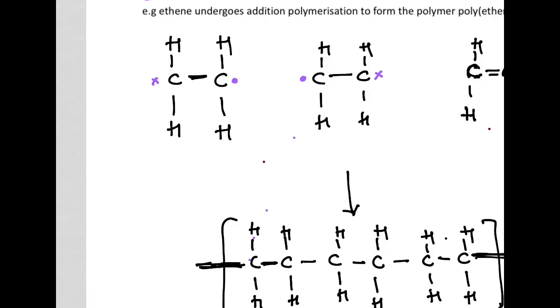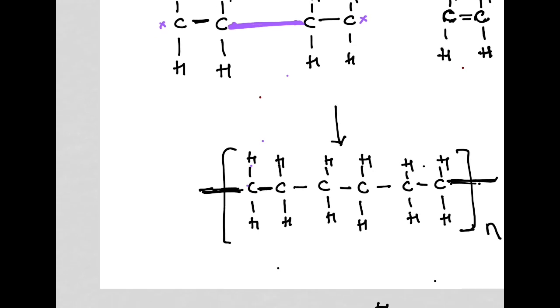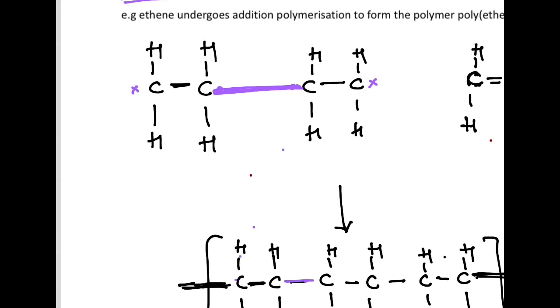Now these 2 electrons that you can see, 1 electron here, 1 electron here, can come together. And when they come together, these electrons are shared, so you have the formation of a covalent bond here. So the double bond just breaks and then it forms a bond with the adjacent carbon.